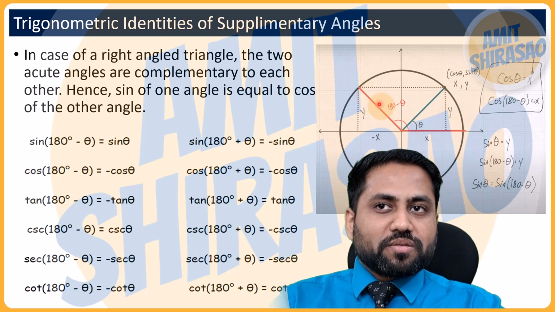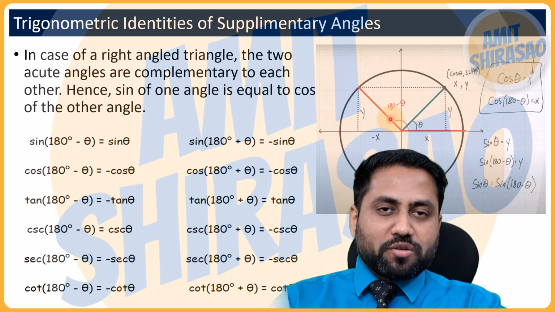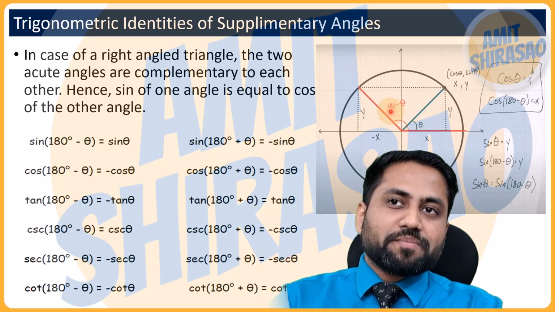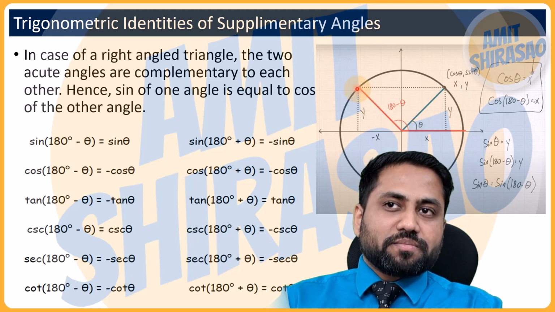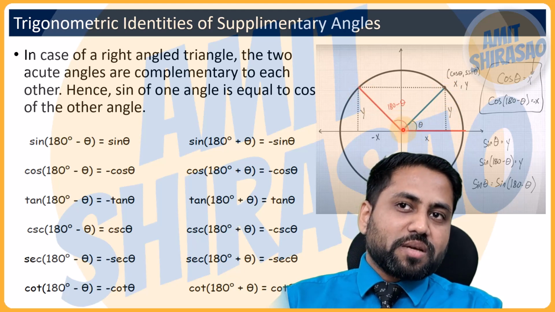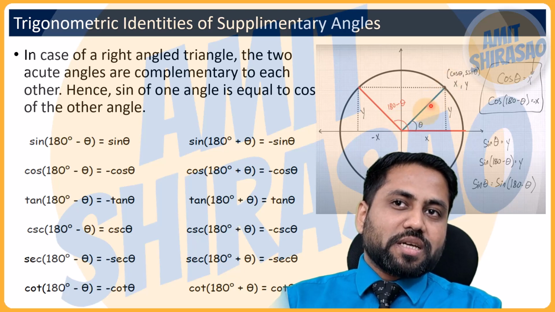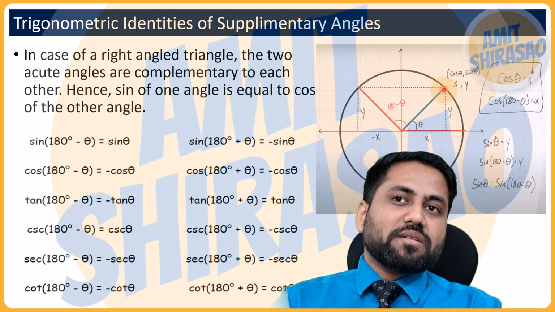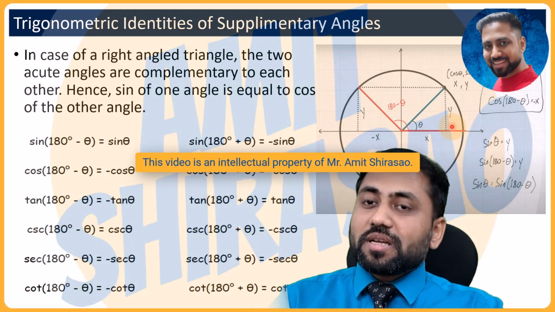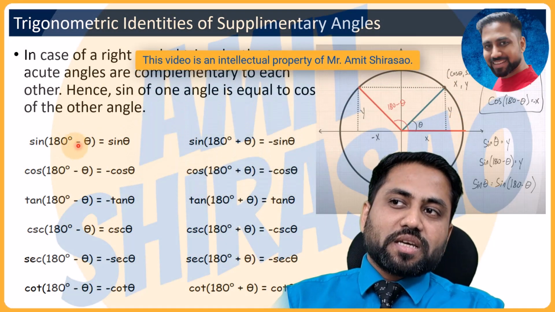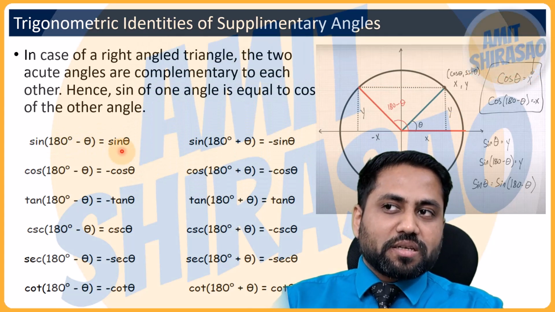Now for sine of this big obtuse angle 180 degrees minus theta, let us call it this upon again the hypotenuse. So what is the hypotenuse? It is this side. So this side is again what? It is the radius of the circle, and that's why both these things are equal. Okay, so sine of 180 degrees minus theta is equal to sine theta.